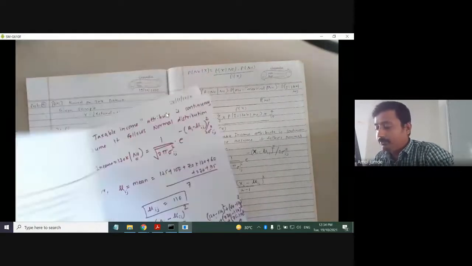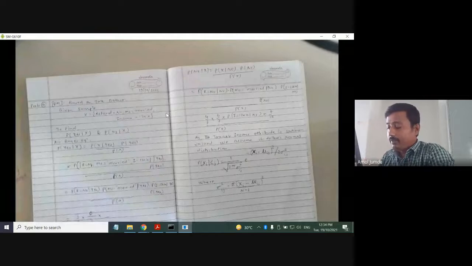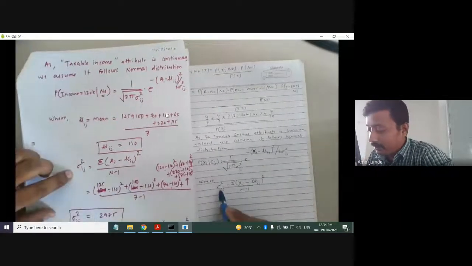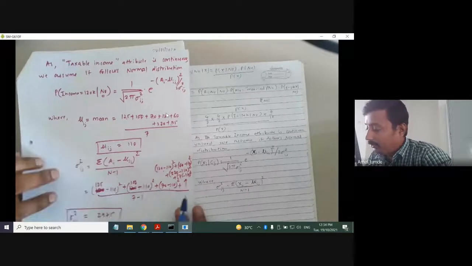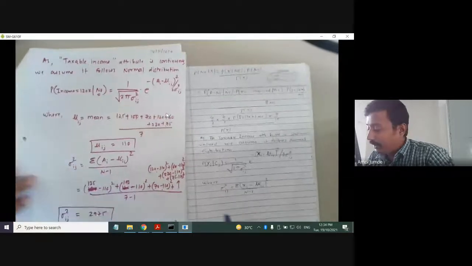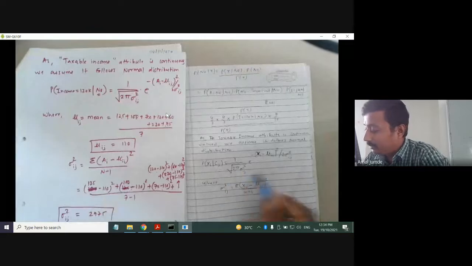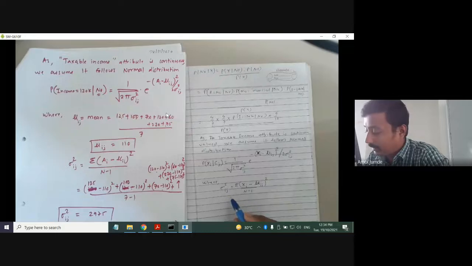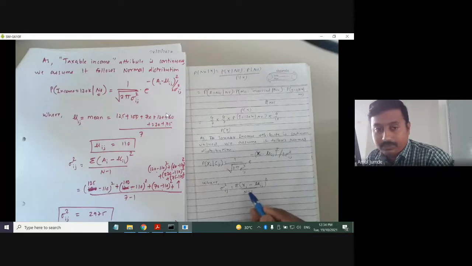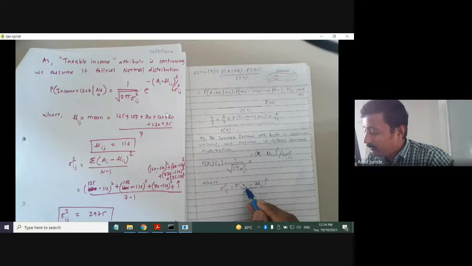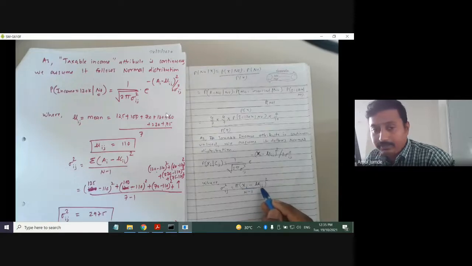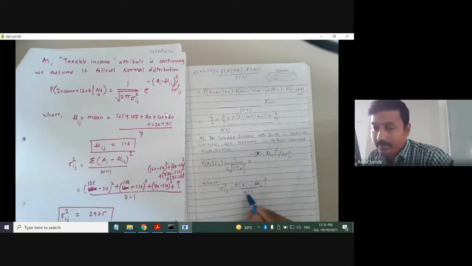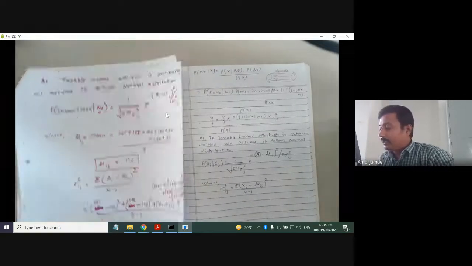So we are talking about few samples, so we divide by n minus 1. This is how we calculate the variance. So sigma square ij equals the summation of each value minus the mean, squared, divided by n minus 1. Let us calculate this value.